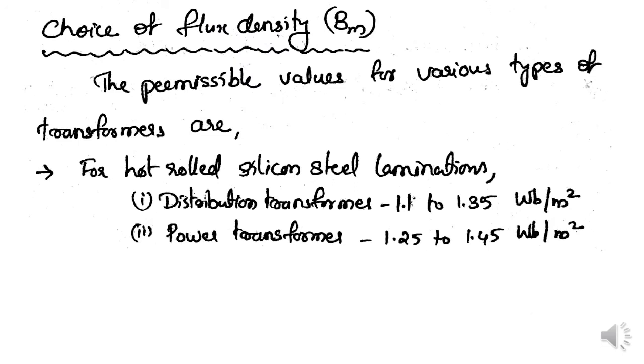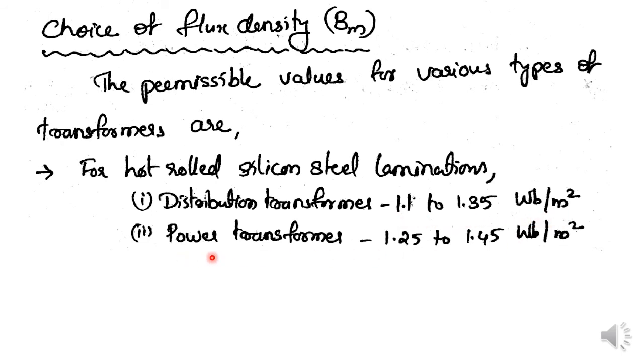Now let's see how to choose the maximum flux density in the transformer core. In the case of hot rolled silicon steel laminations, the distribution transformers can have a maximum flux density between 1.1 to 1.35 Weber per meter square.